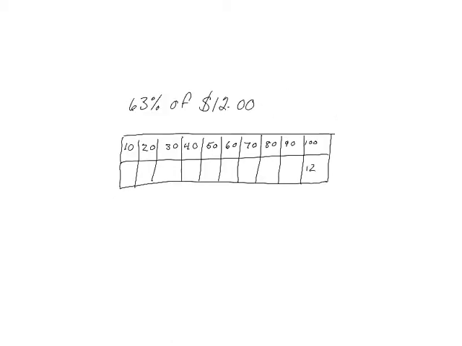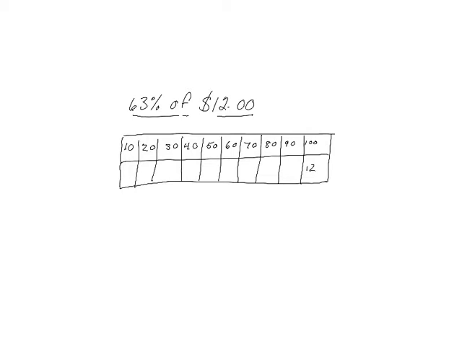Okay, so in this question we have 63% of $12. All right, and I've gone ahead and drawn the table, and I've put in 12 for 100%. So the most we could have is $12, and 100% is $12 in this question.